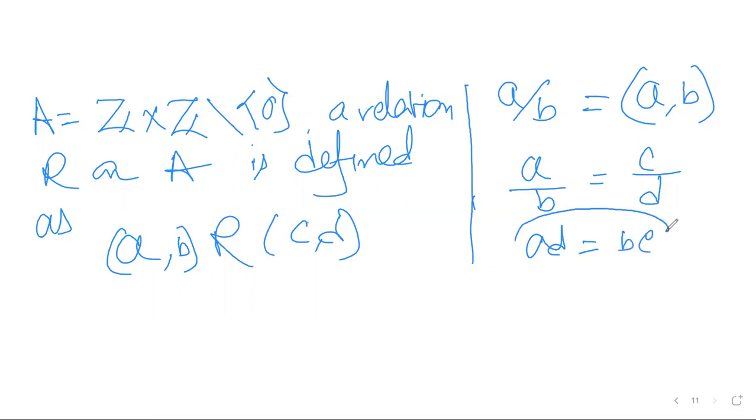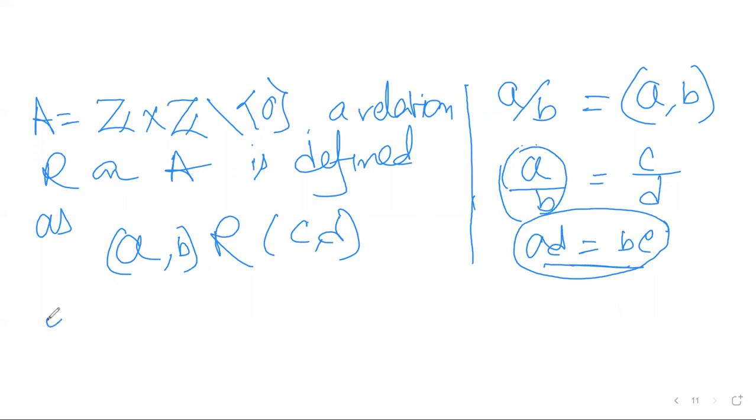I want to define this relation because I want to define the division in the set of Z. So a over b should be a unique number. If a over b and c over d are equal, then this should happen, in the common sense. So I am defining this relation here.